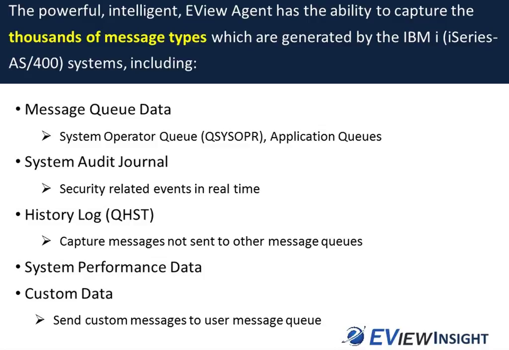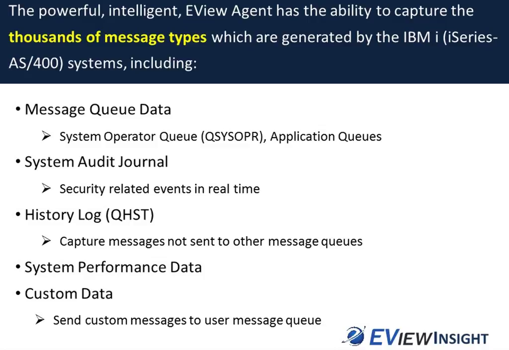But there can also be application message queues. If you have other software products, they may use their own message queues to deliver messages. Any of the message queues that you want to get data from and forward into Splunk can be configured, and the EView agent on the AS400 will monitor those message queues and pick data up from them.